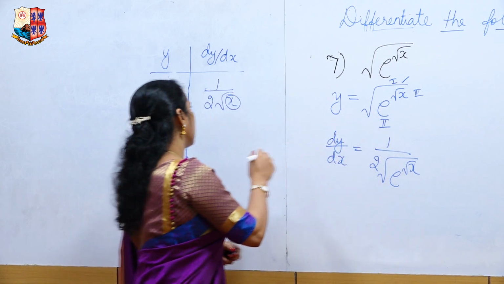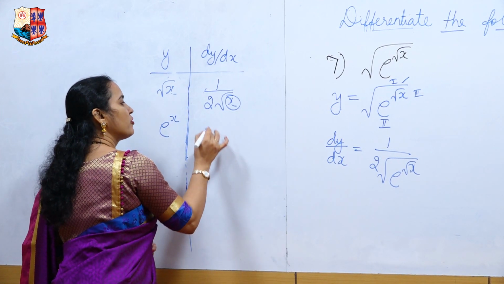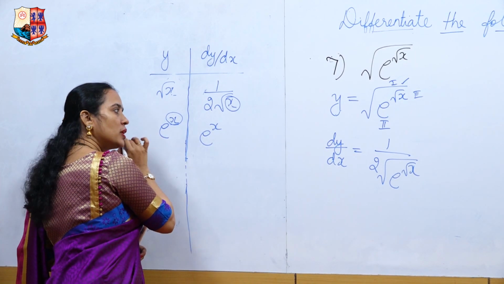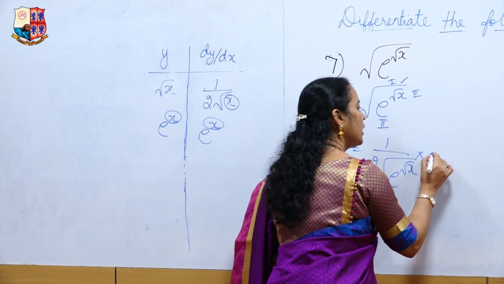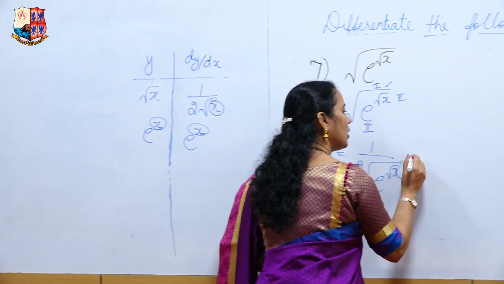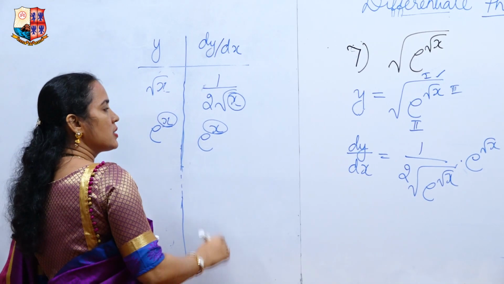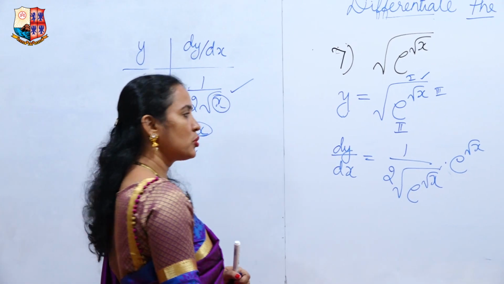Go for the second. Second is e to the power x. When you differentiate, you will get e to the power x. So e to the power root x, when you differentiate, you will get e to the power root x. So into e to the power root x. Next, root x, when you differentiate, you will get 1 by 2 root x.